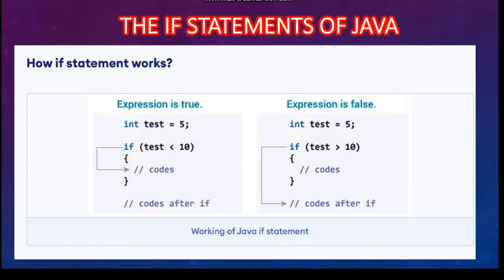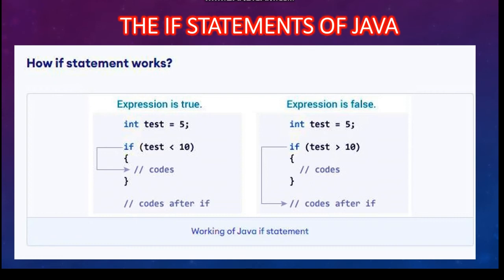Here we will be learning the working of the Java if statement. How does the if statement work? There are two conditions here, the expression is either true or false. If int test is equal to 5, then it should check whether test is greater than or lesser than. Here in the true expression, test is less than 10. If this expression is true, then the code will be executed and it will print the output.